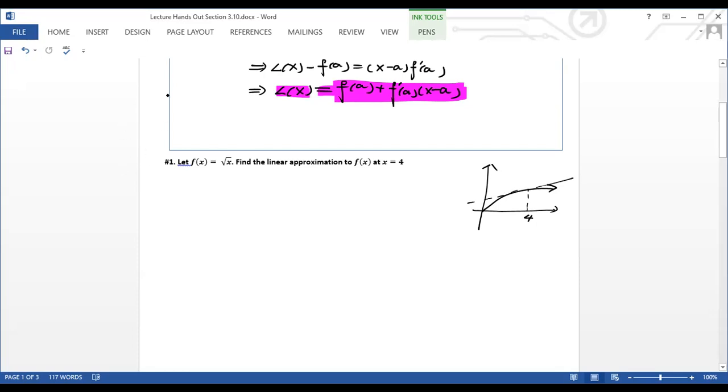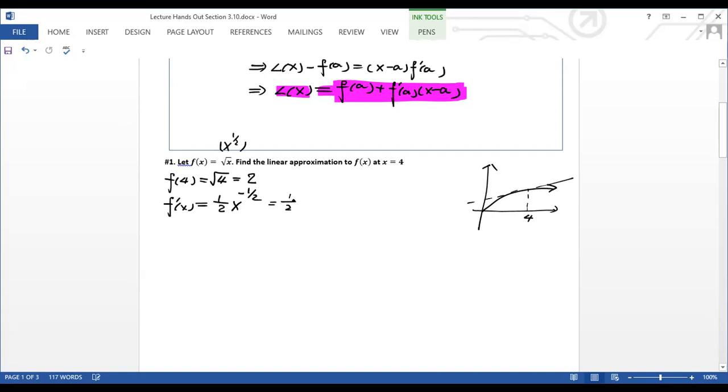Okay, so now let's take a look. We know f of 4 is easy, it's the square root of 4, which is 2. Then I will take a look at the derivative. f of x is x to the 1/2, correct? So the derivative will be 1/2 x to the 1/2 minus 1, which gives negative 1/2.